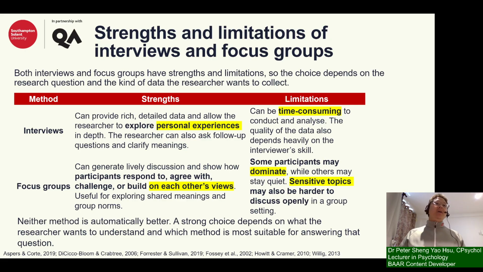For example, if a research question is about what mature students think about recorded lectures, timetable flexibility, assignment support, online resources, or peer learning, the focus group may allow participants to compare experience and build on each other's ideas.